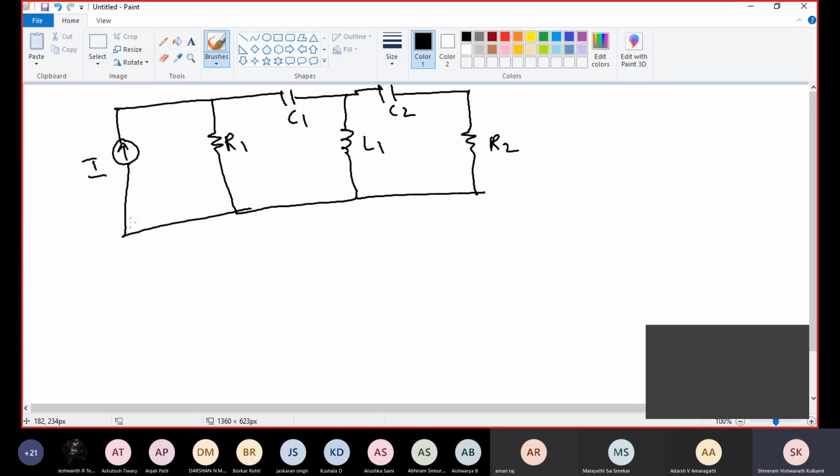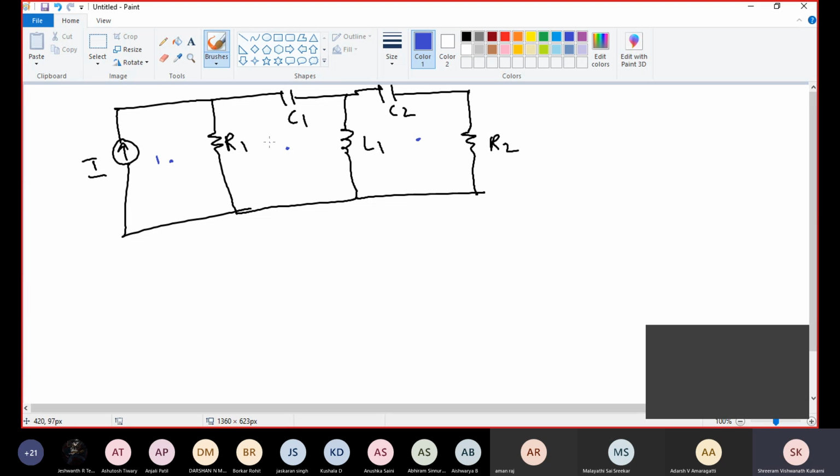First step, what we need to do? Place the nodes inside every loop, every mesh.